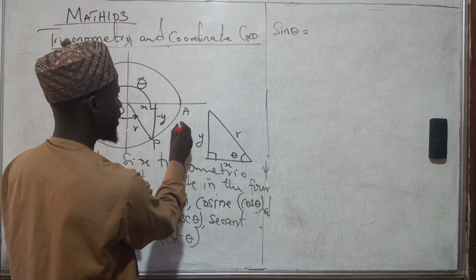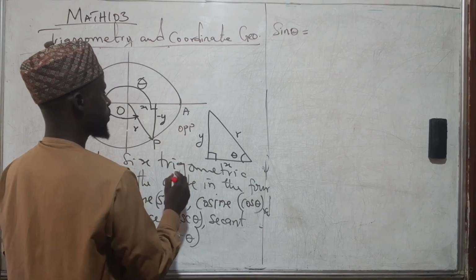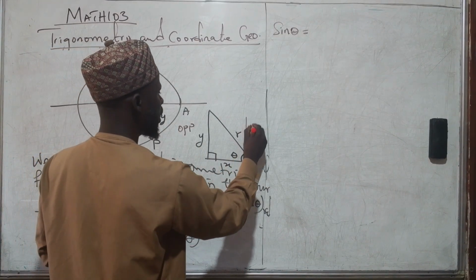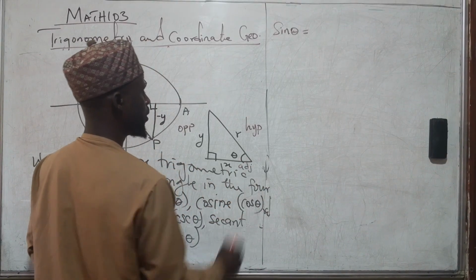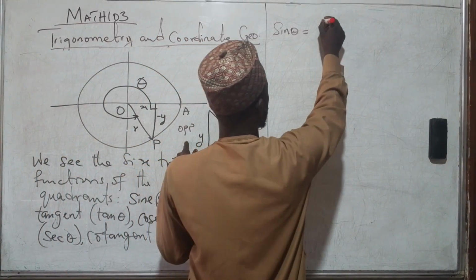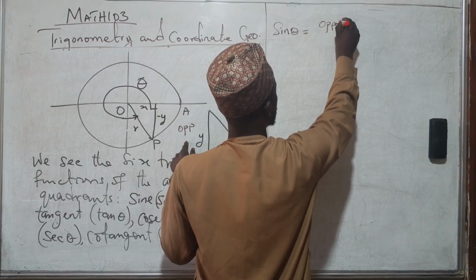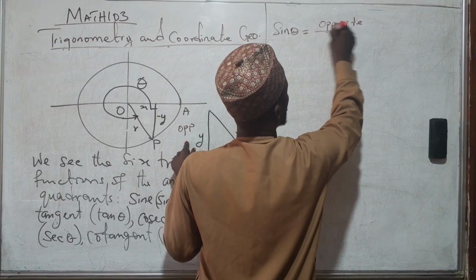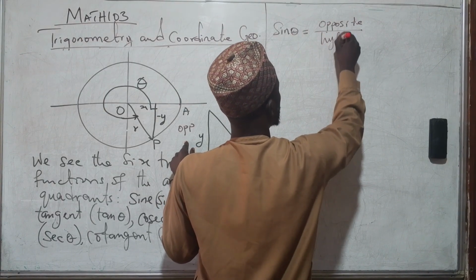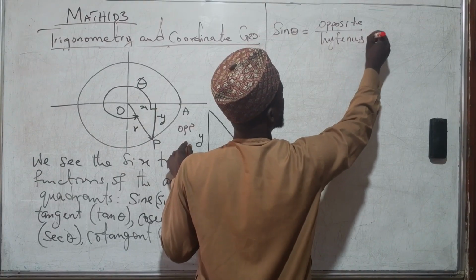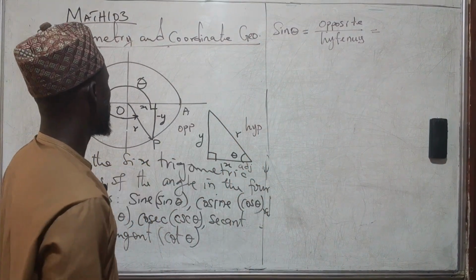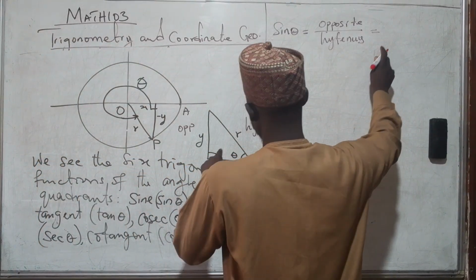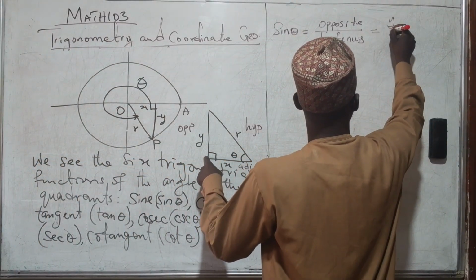Here is the opposite side, here is the hypotenuse, and here is the adjacent side. So sin theta is equal to opposite over hypotenuse, and that is equal to y over r.